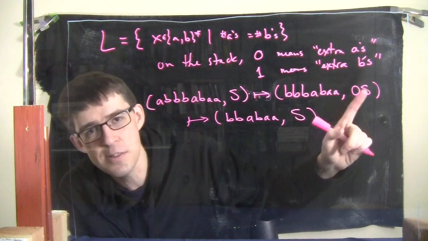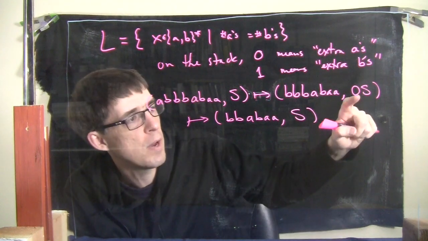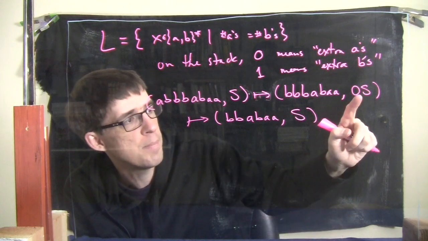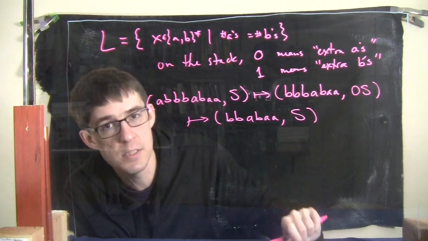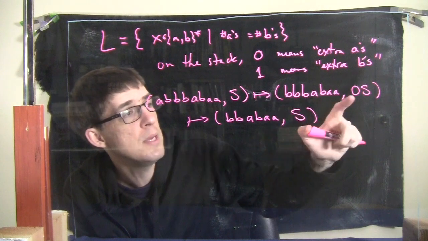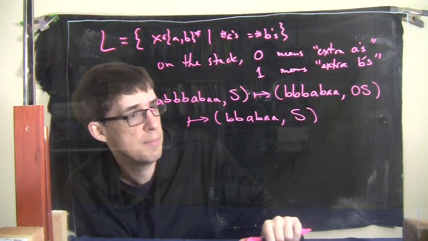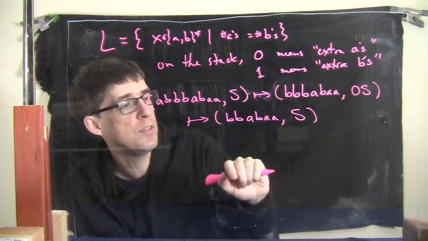Now, cancel is not allowed in a stack machine, but really what I did was I popped the 0 and pushed an epsilon. You throw this 0 away and replace it by epsilon. So if you're reading a B and you see a 0 on the stack, you pop the 0 and push epsilon.